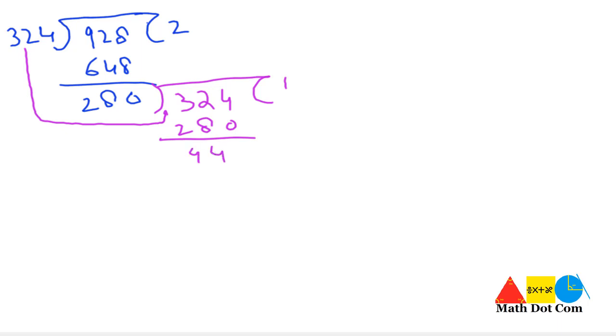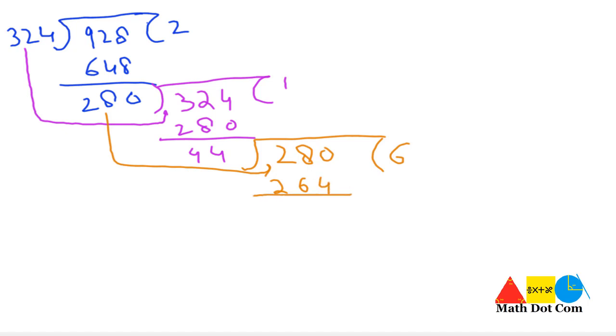Again, what you have to do is bring this number here, that is 280, and 44 becomes the divisor. Now 44 6s are 264, and the remainder is 16.